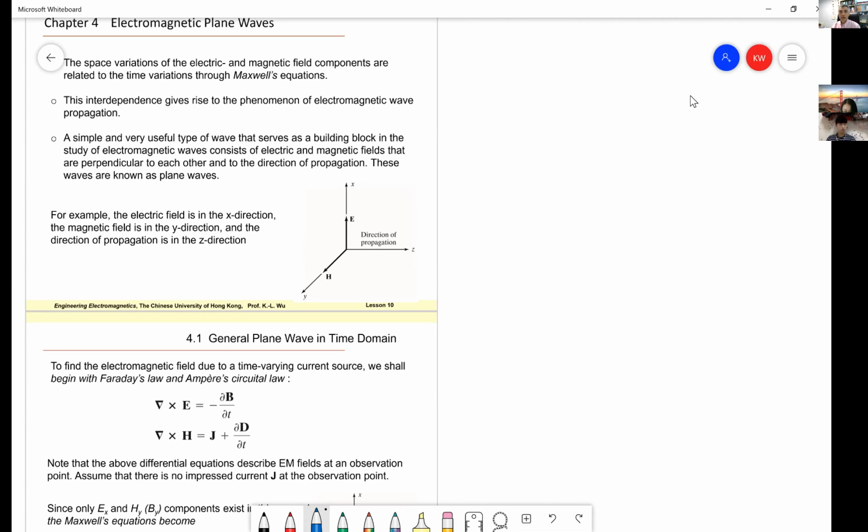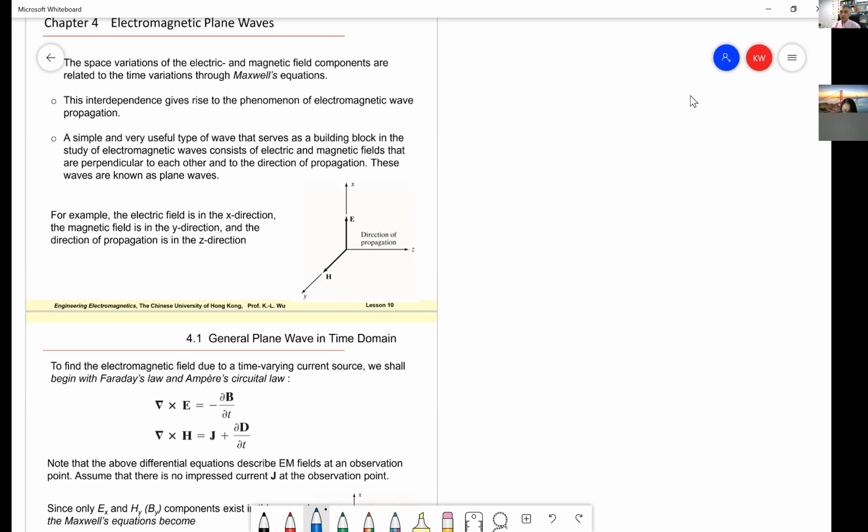The two curl equations are Faraday's law and Ampere's law. One says the curl of the electrical field is equal to the time derivative of the magnetic field. Ampere's law says the curl of the magnetic field is equal to the time derivative of the electrical field, partial D, partial t, right?